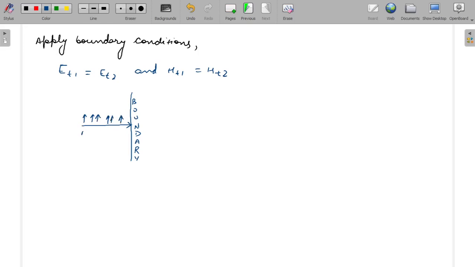So when the normal power is there, then just write this point.